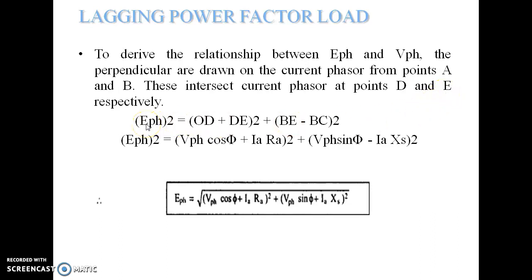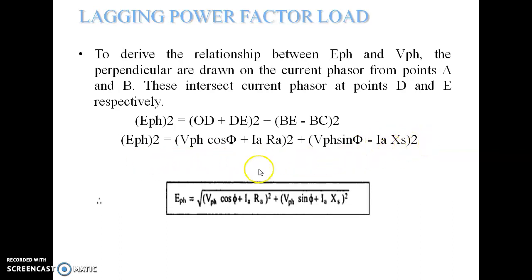So, here the formula will be EPH square equals (OD plus DE) whole square plus (BE minus BC) whole square. By putting all the values, we will get EPH square is (VPH cos phi plus IARA) square plus (VPH sin phi plus IAXS) square.